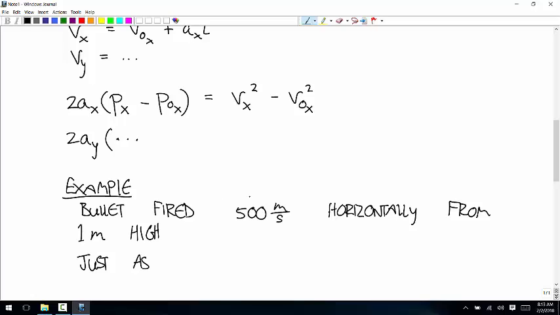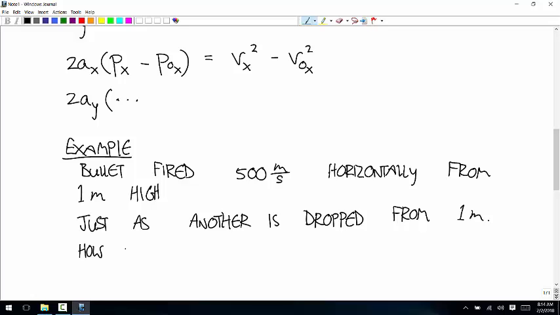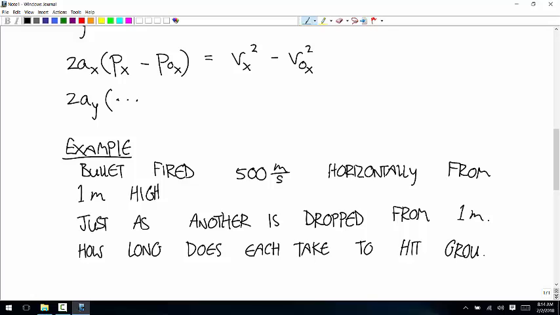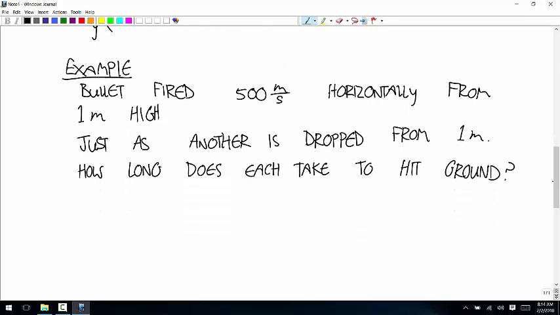Okay, so one is fired from a height of 1 meter, just as another is dropped from 1 meter. How long does each one take to hit the ground? Yes, exactly.